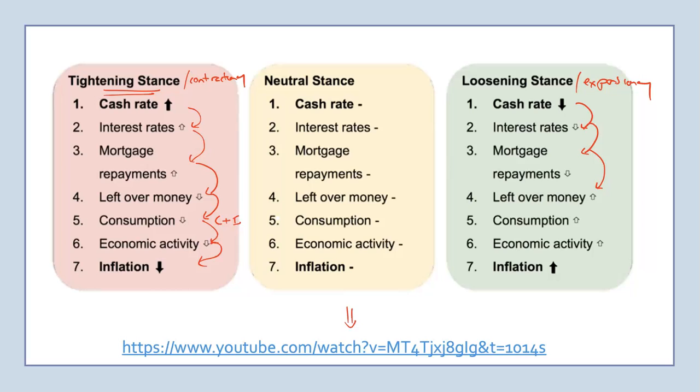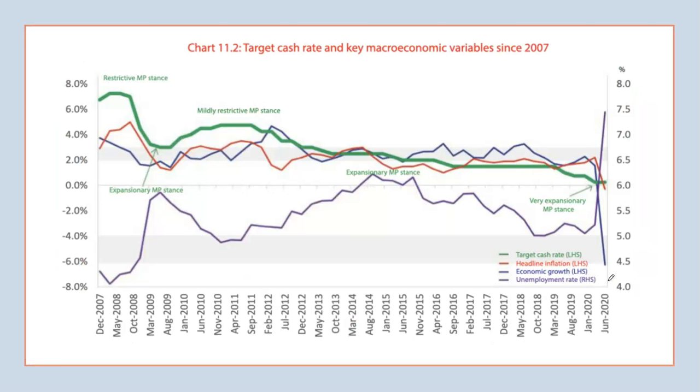This means you'll have more money left over, more ability to consume, more ability to spend, increasing C. This will increase economic activity, so increase aggregate demand, and hence inflation will go up. So you're starting to see why they're doing this and how the flow and effect works. And if you're wanting to know a bit more about this, the transmission mechanism video will explain how this actually works in a bit more detail.